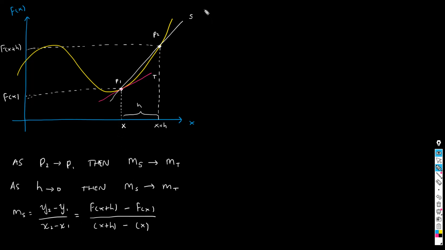Okay, let's go over this zone to the right and let's continue. Then the slope of the secant will basically be all of this, and after you simplify the denominator in here, you will get h. That's very simple to see. So we get this.